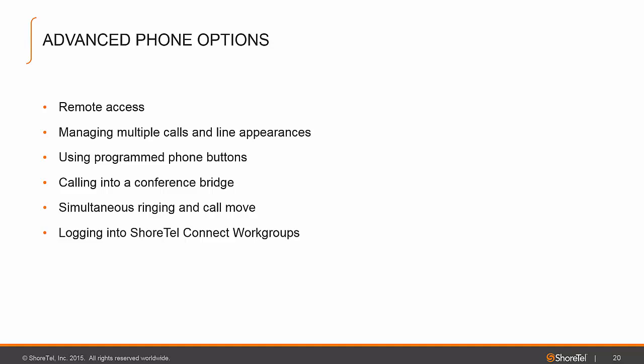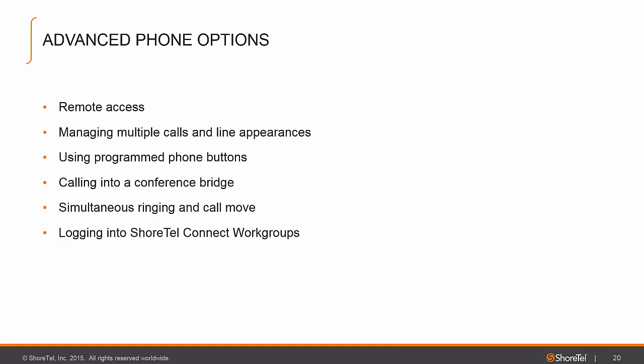Finally, there are other more advanced phone options available that we didn't cover in this basic skills course. Access to these advanced options depends on your Shoretel Connect system configuration and on the permissions your Shoretel Connect administrator has assigned to your profile. These types of phone features include remote access, managing multiple calls and line appearances, using programmed phone buttons, calling into a conference bridge, simultaneous ringing, as well as call move, and logging into and out of Shoretel Connect workgroups.